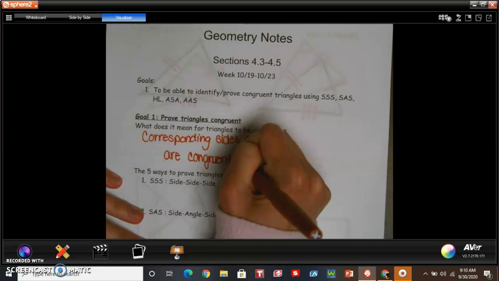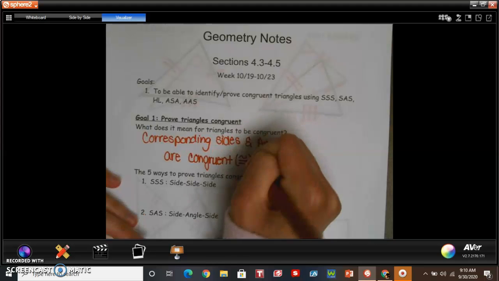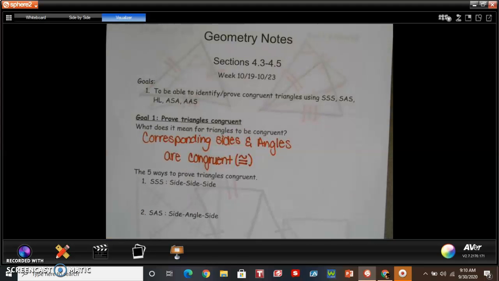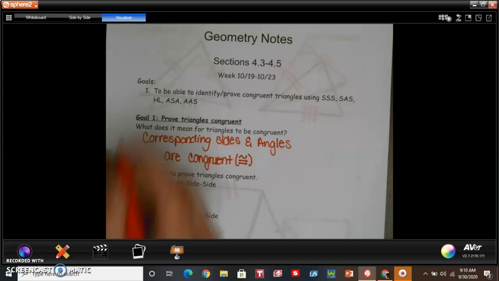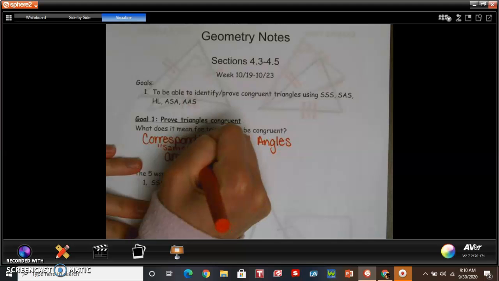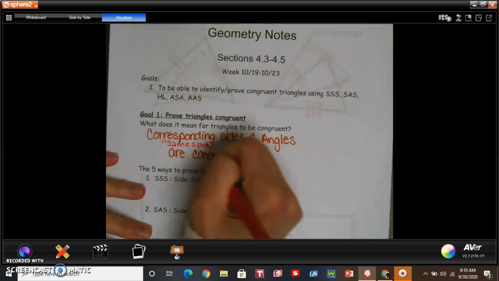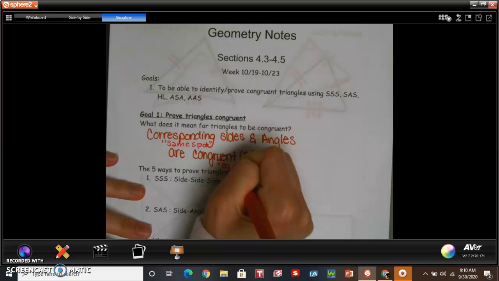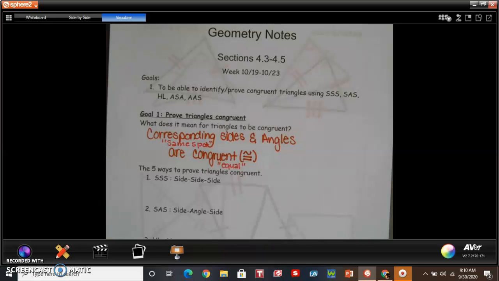And the symbol for congruent is an equal sign with a little snake above it. Okay, that's important to know. So just a reminder, corresponding means same spot. Congruent means equal. They're going to be the same measure. They're going to be equal measure.